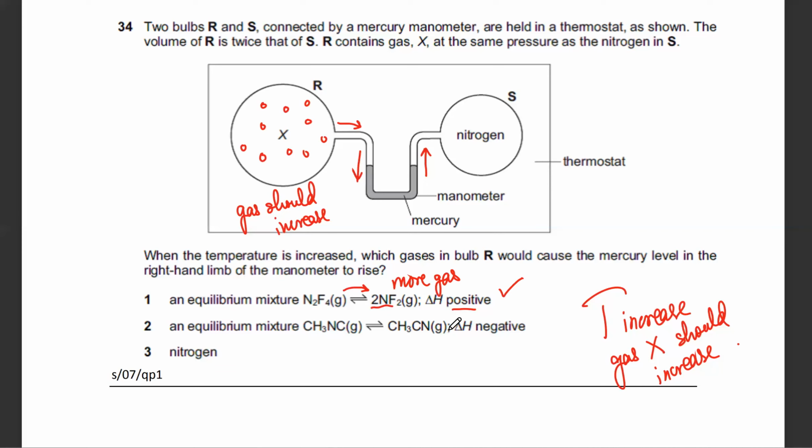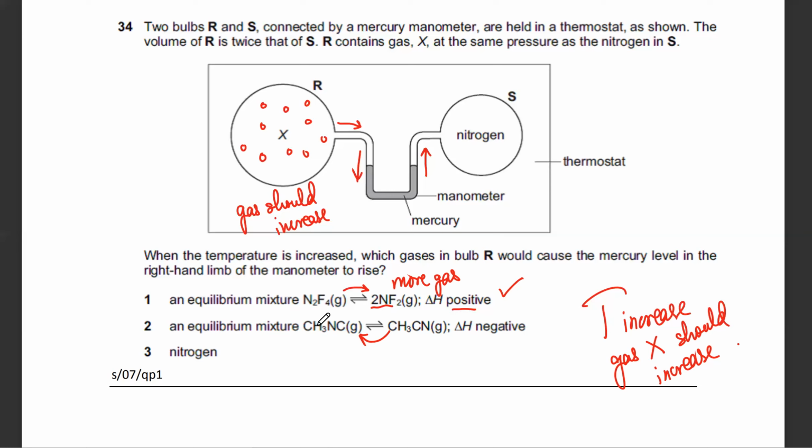Now here, if you increase temperature, which reaction would be favored, forward or backward? Backward. Okay, because forward is exothermic, so backward will be endothermic. But will that make any difference to the amount of gas? Will there be any change in the amount of gas? There's 1 mole of gas that turns into 1 mole of some other gas, so the amount of moles of gas would remain exactly the same.